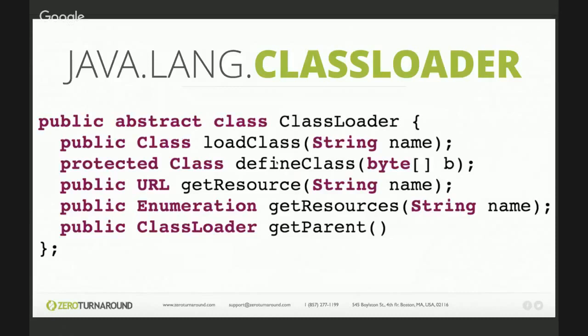This is a class which the class loader has found on its class path, and it will provide it to you so that you can instantiate an object from it. Fairly straightforward. defineClass does a similar thing, except it takes a byte array and will create a class from that byte array. So you actually pass in the class itself as a byte array. Quite subtly different, whereas with loadClass, the class loader has to actually find the class itself.